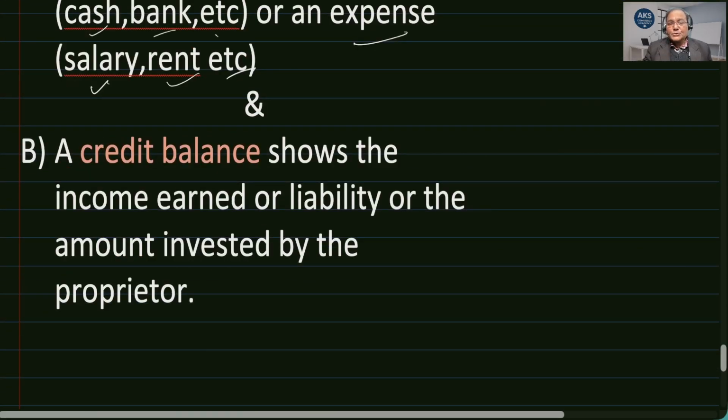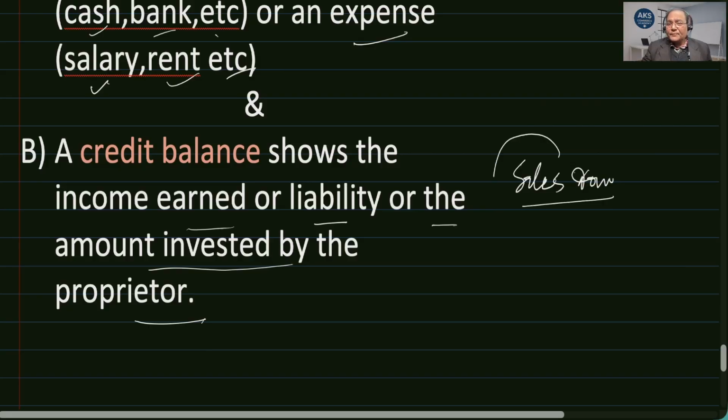Now a credit balance shows the income earned, or a liability, or the amount invested by the proprietor. If there is income earned, say a sale is made, but we have not received the money, since it is accrual basis of transaction, sales will always show a credit balance whether money is received or not.